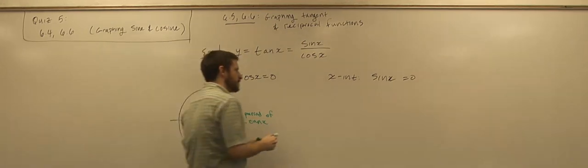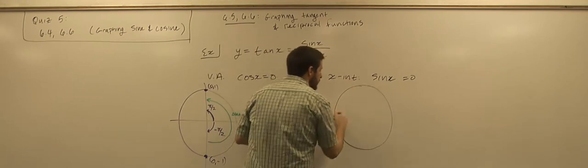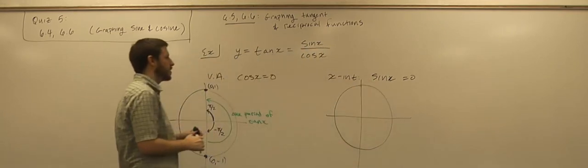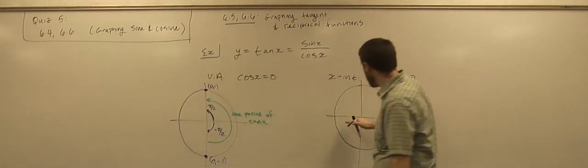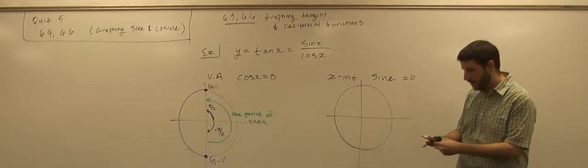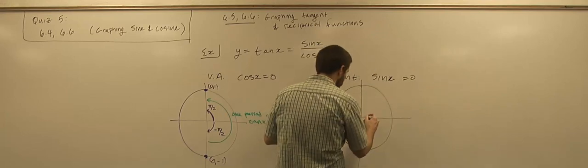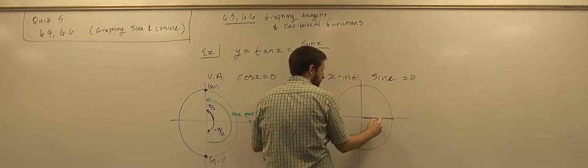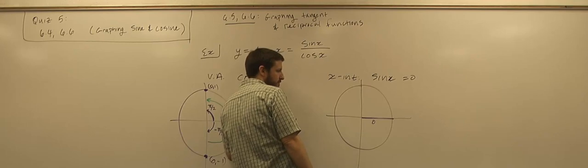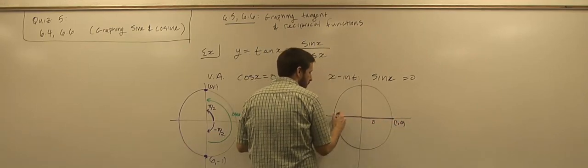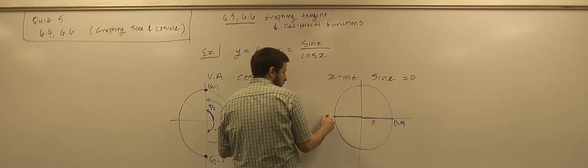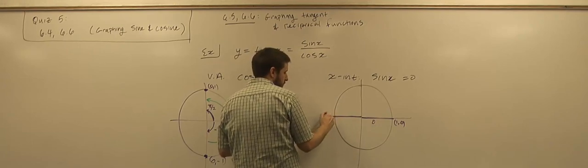And then for x-intercepts, sine is the y value. Where's your y value 0 on the unit circle? Pi, 2 pi. Any whole number multiple of pi. Right? If you land here, which is at 0 radians actually the first time, that will give you a y value of 0. If you land here, which will also give you a y value of 0.